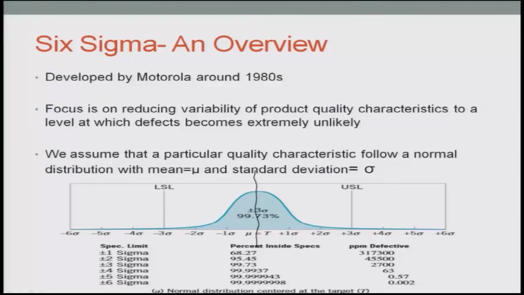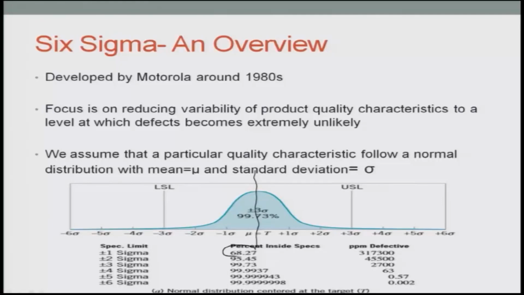Now, if you refer to the table, and you want to find out the level of confidence which you have, corresponding to the fact that if you move minus 1 sigma onto the left and plus 1 sigma onto the right, then the overall percentage within that bandwidth, which means the overall area between mu minus sigma and mu plus sigma, the overall coverage of area is 68.27, which means that any product which is falling within that bandwidth is good.